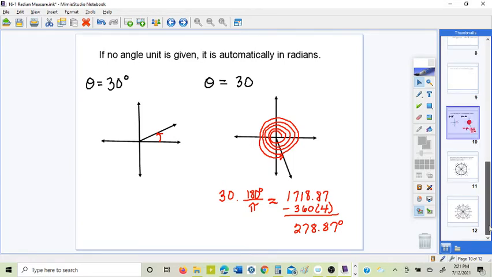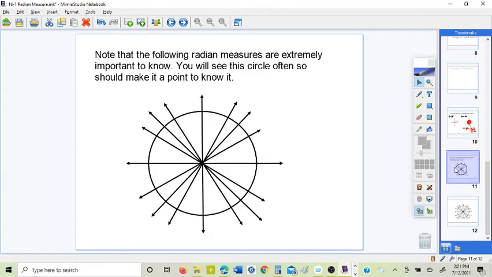Now there are certain numbers of degrees that are very common, and I'm going to suggest that you commit this to memory, or at least be able to figure out how many degrees go around. And we're going to do this by a figuring out method to start us with. So here we start with 0 degrees.